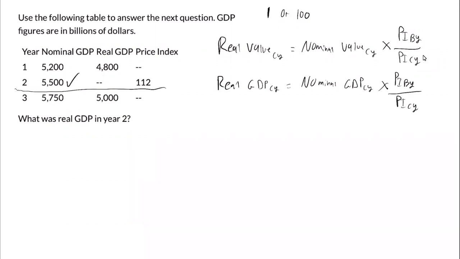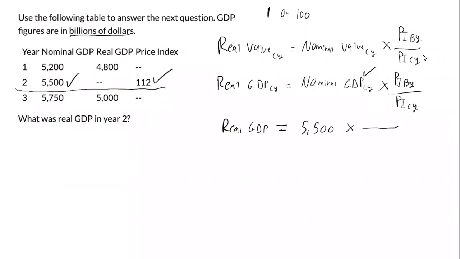We know our nominal value, so we can plug that in. I'm just going to write real GDP to abbreviate. It's 5,500, probably in billions according to the question up here. So it's 5.5 trillion, but we'll just call it 5,500 in billions, times our price index in the base year divided by our price index in the current year.